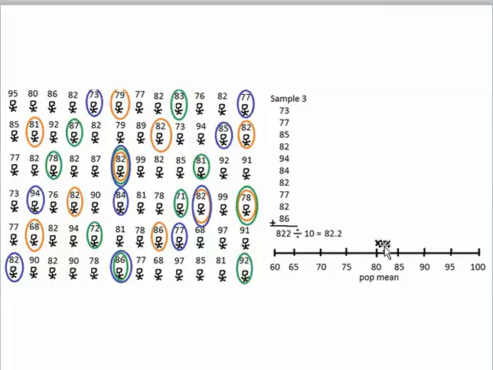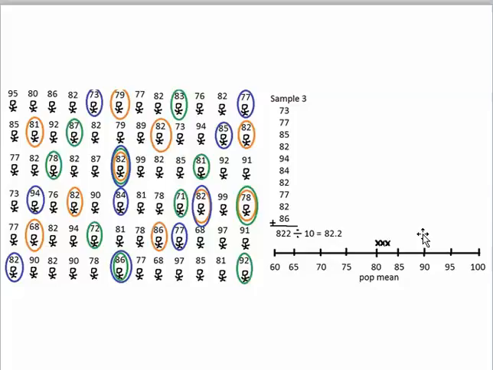You might have noticed already that the possible samples of 10 students have sample means that are packed in closer to the population mean. And you might have noticed that the possible samples of 3 students that we looked at earlier had sample means that were spread out further away from the population mean. That's why larger samples are considered more accurate and more dependable than small samples.